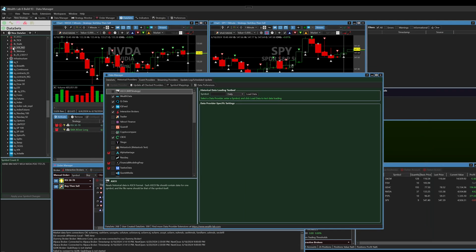So if I request a symbol or data from those data sets, they're going to go to that linked provider first. If they can't find the data for some reason, the data's not updated or whatever, it's going to start going through this list of checked providers from the top to the bottom. This is your preference of where you want the data to come from. Enough said about that.